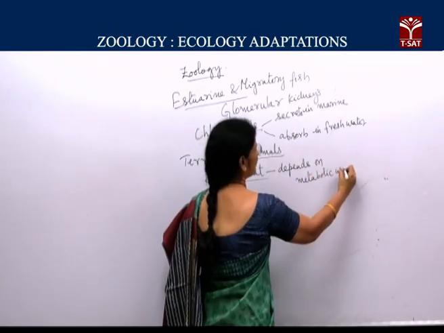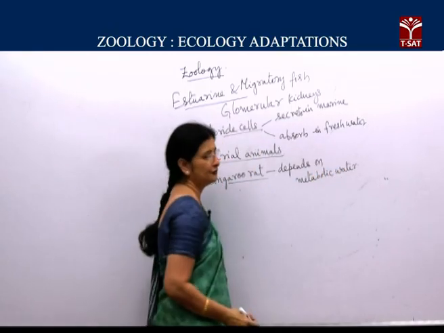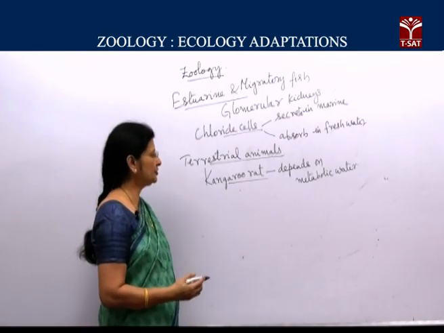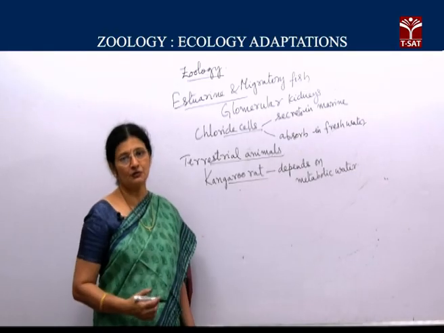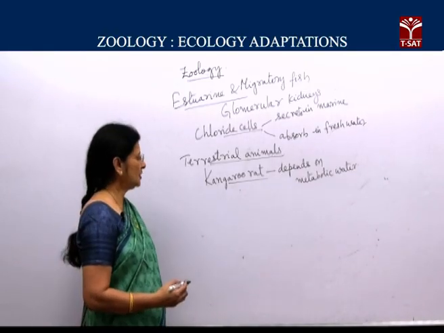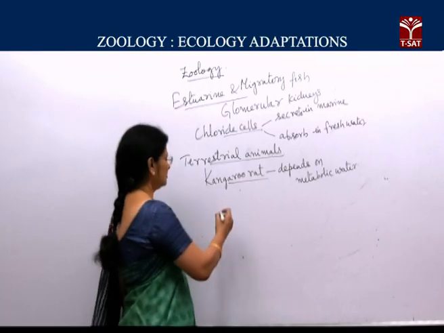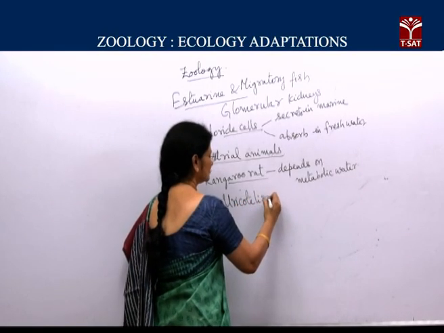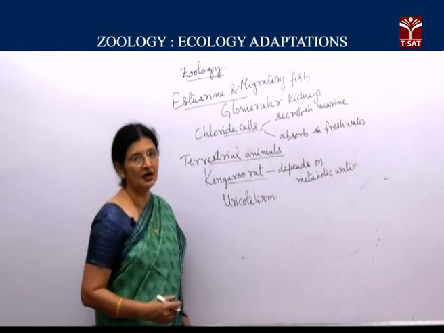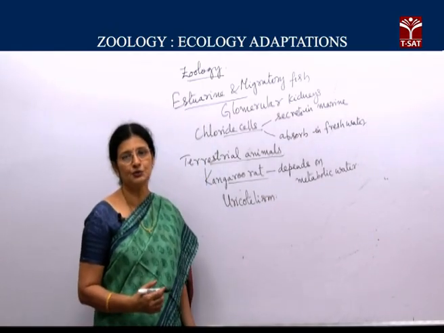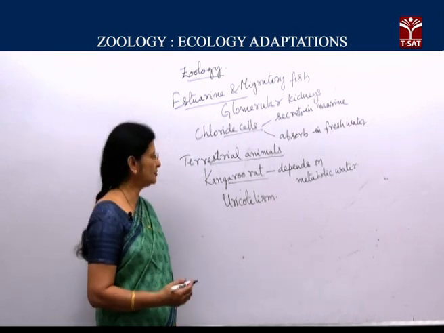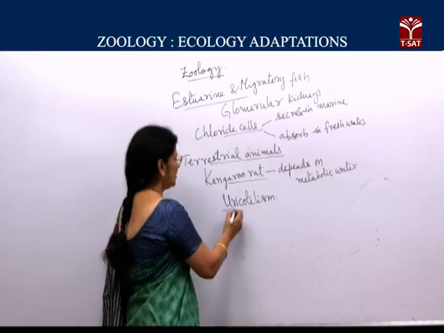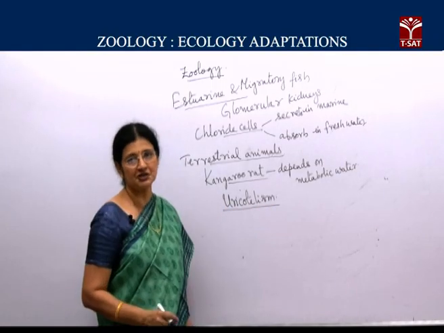Water produced by oxidation of food, glucose, fats, some water molecules are produced. It depends on metabolic water only. And birds, reptiles and insects show uricotelism. And mammals have very long Henle's loops. They produce hypertonic urine. These are some of the adaptations we find in terrestrial animals.